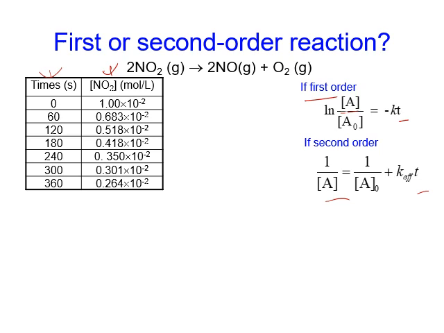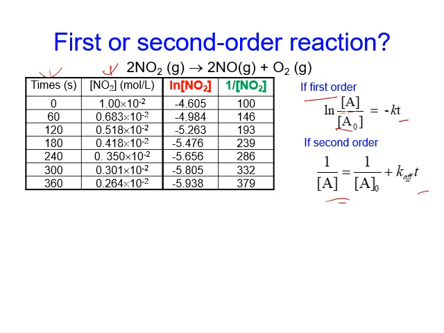Therefore, in order to find out if it's a first order or second order reaction, we want to plot both of these plots, the natural log and the inverse. So in this table, we add 2 columns. One is to calculate the natural log of this concentration, and the last one is the inverse of this one. And then we plot both of these over time.